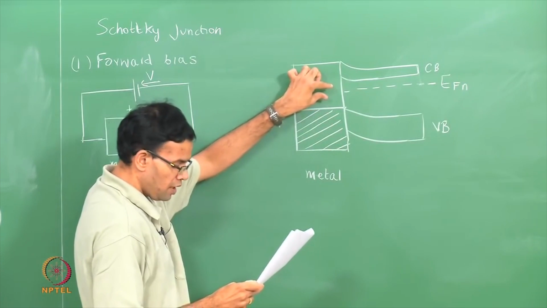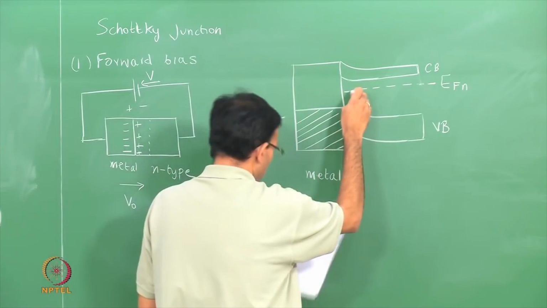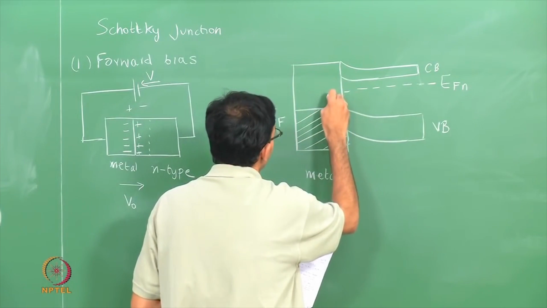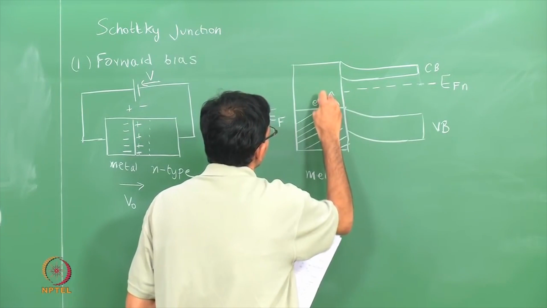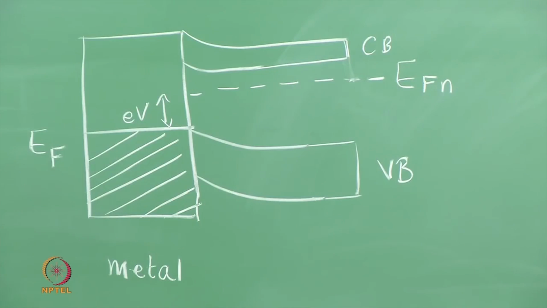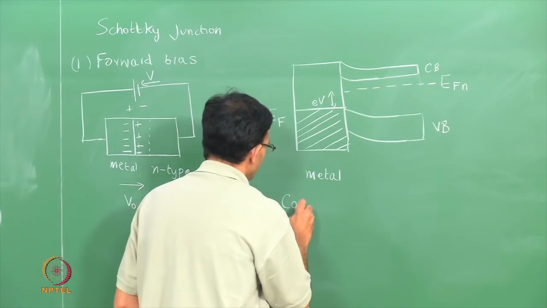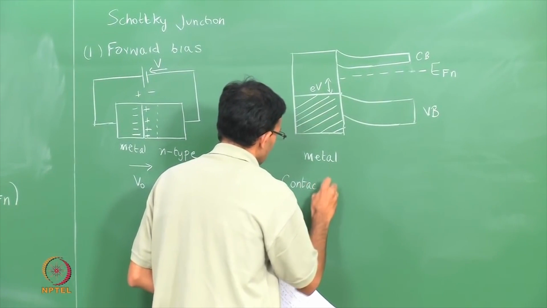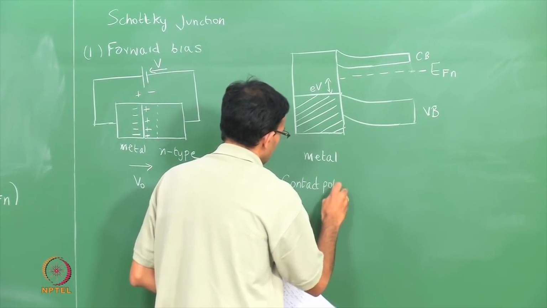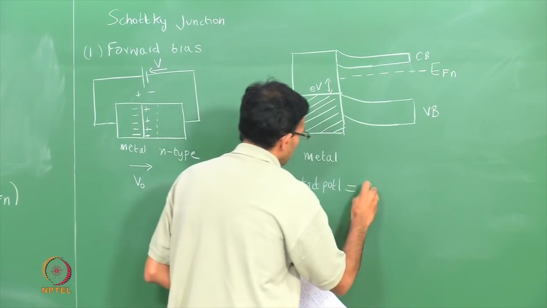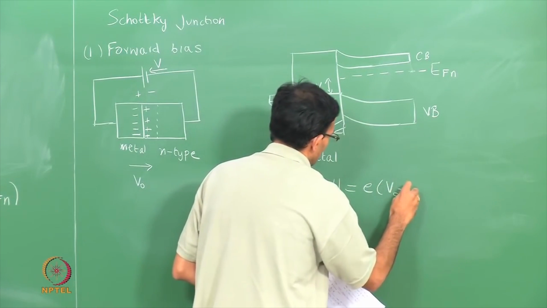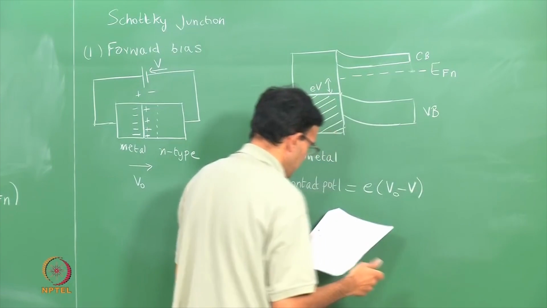So, this shifting up is proportional to the applied voltage. So, the contact potential of this junction now is nothing but E times V naught minus V.